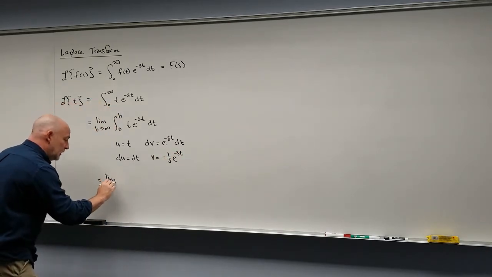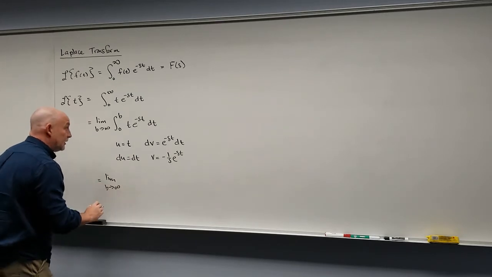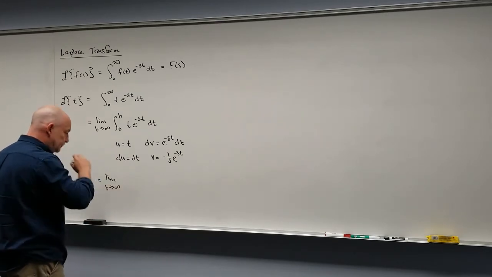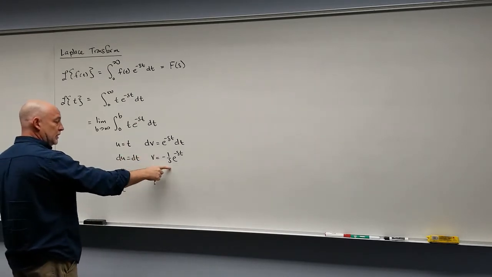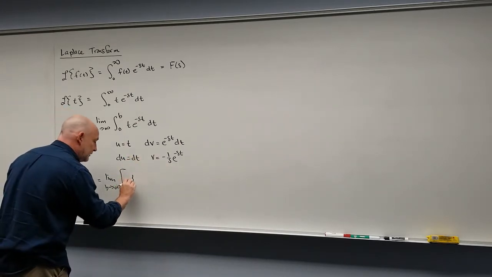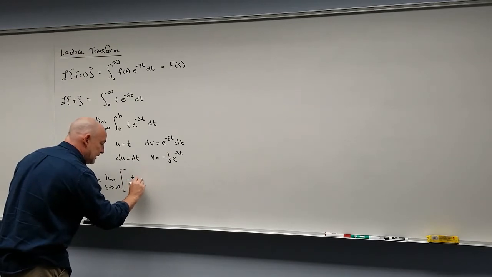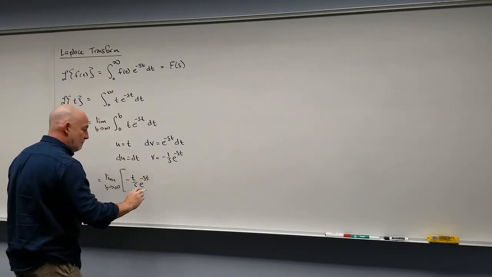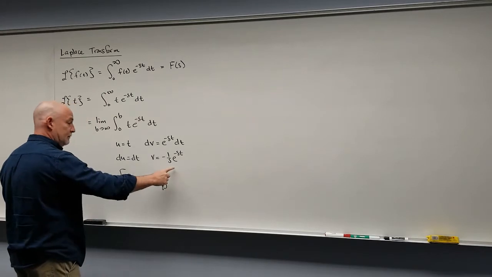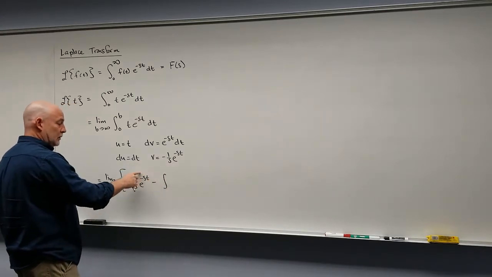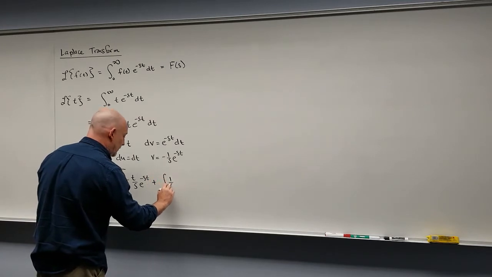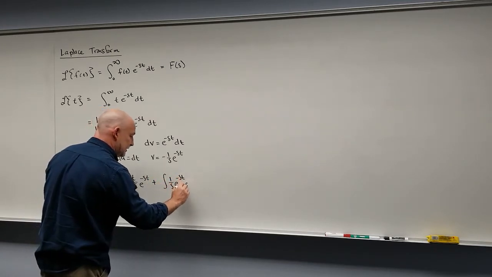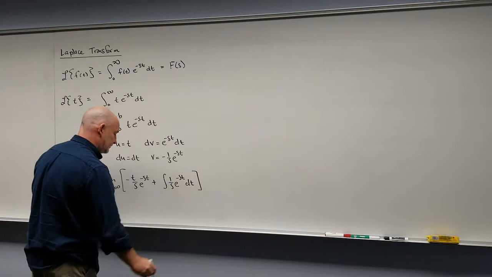So this is the limit as b goes to infinity. All right, so remember by parts, it's uv. So it's negative t over s e to the negative st minus the integral of v du. So minus and minus, that's going to become plus 1 over s e to the negative st dt.